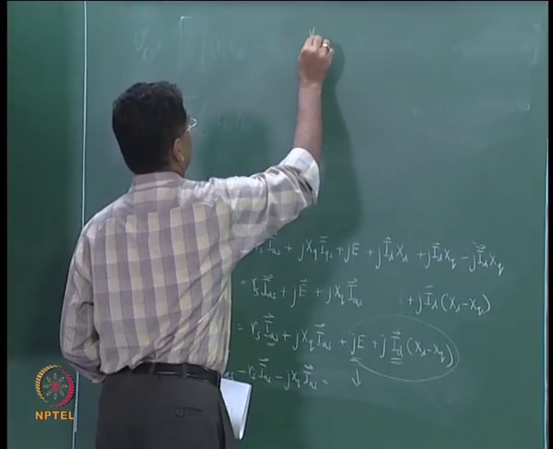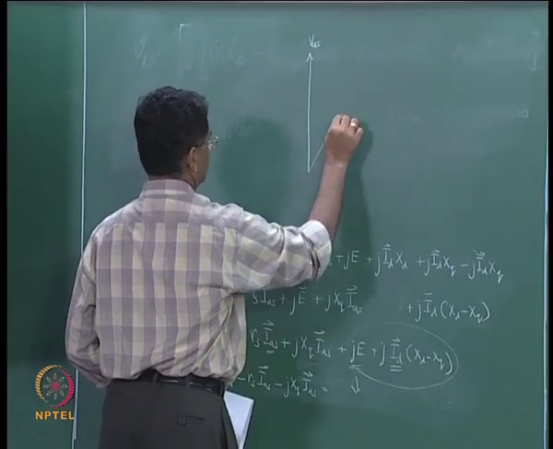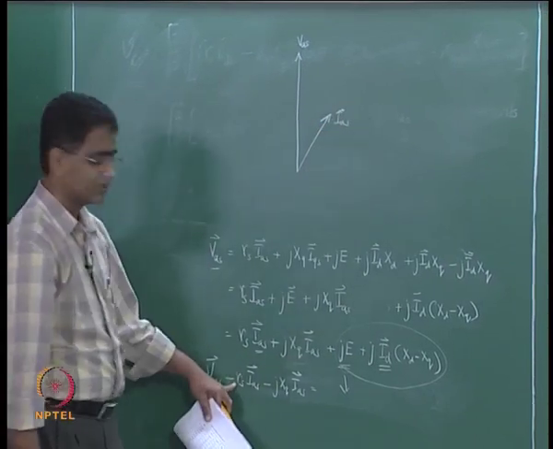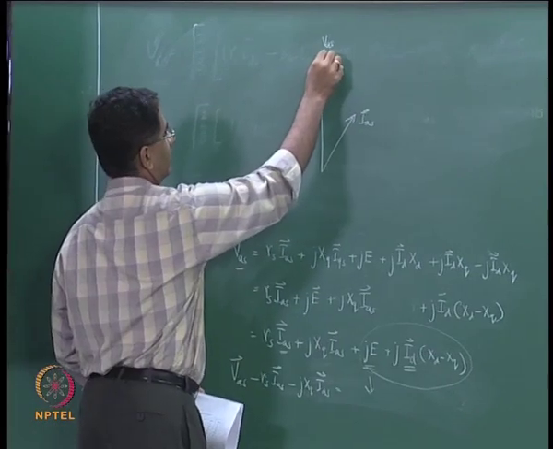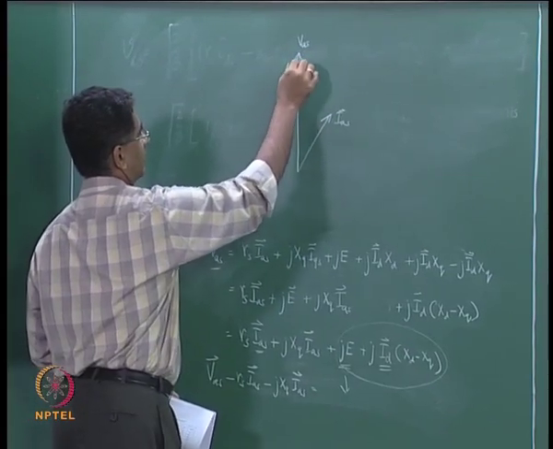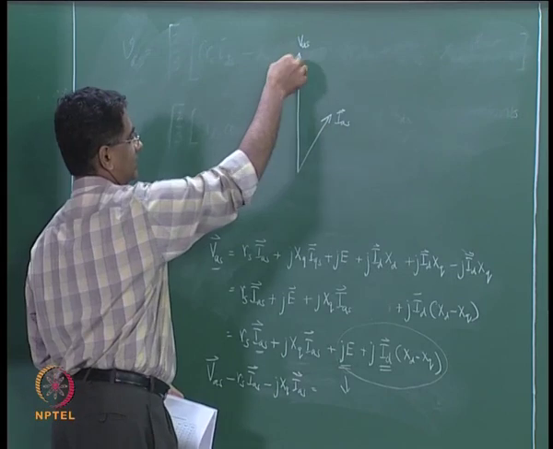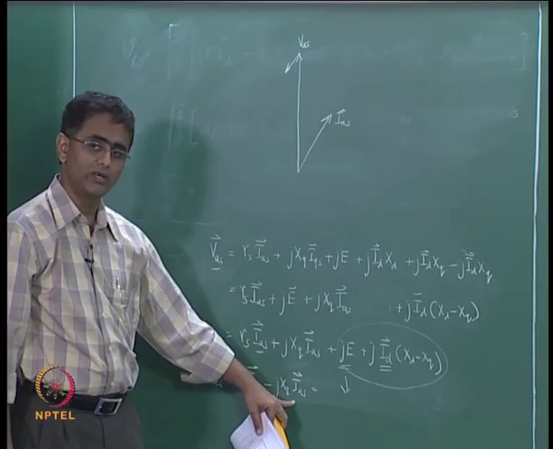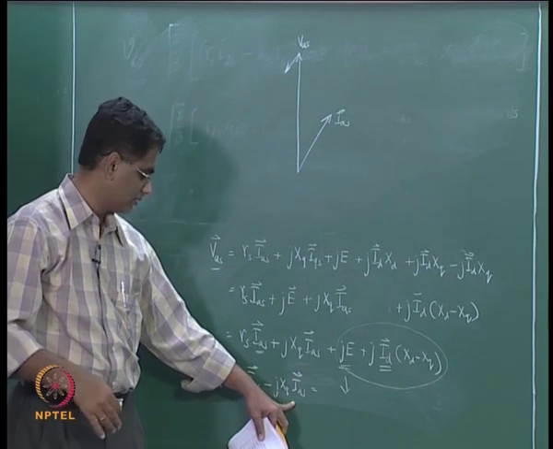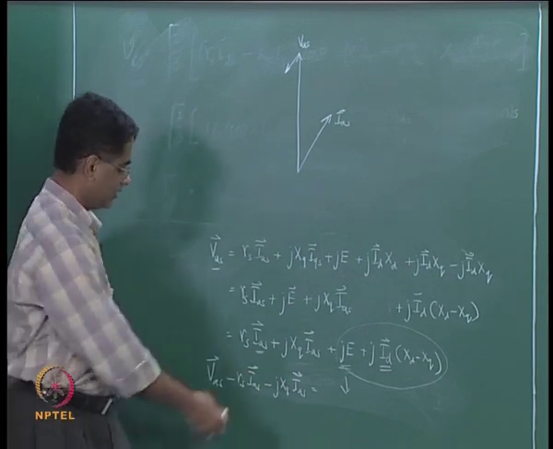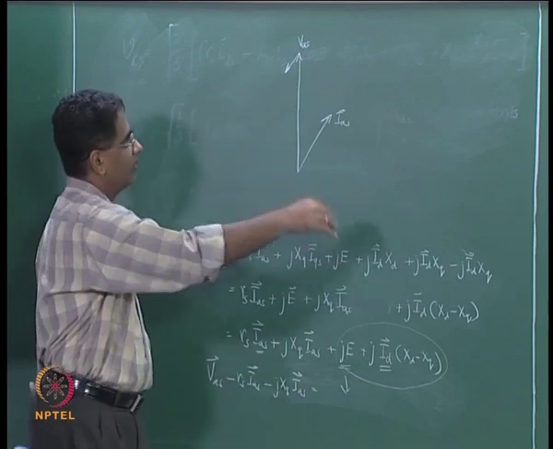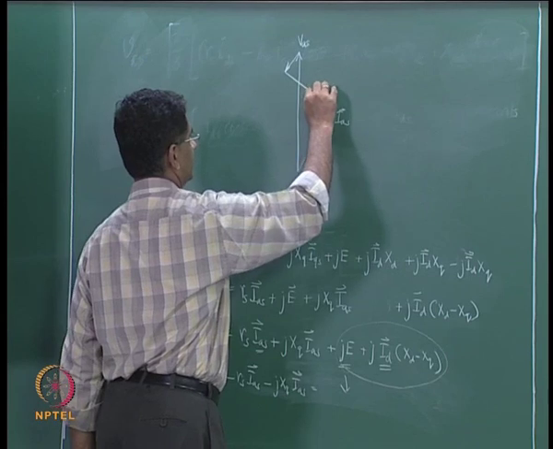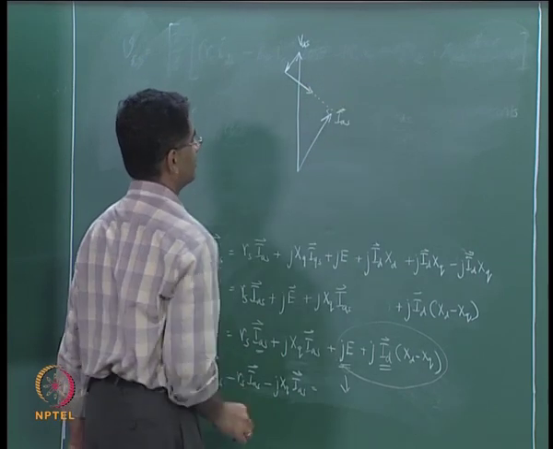VAS is here and let us say IAS is here. Minus RS IAS will be a phasor at the same angle as this, but negative, and then J XQ IAS will be a phasor 90 degrees to IAS, and because it is negative it would be in this direction. So, minus J XQ IAS would be at 90 degrees to this.